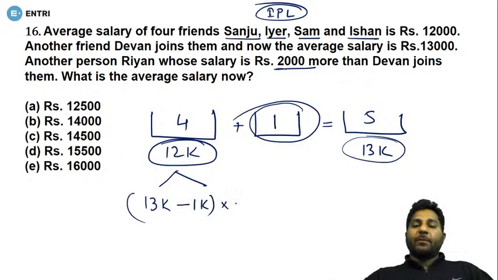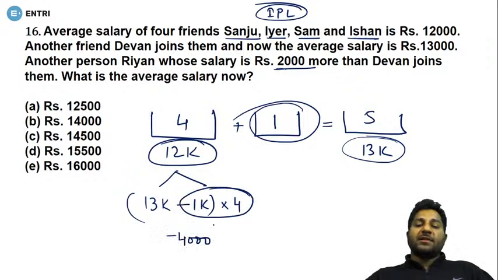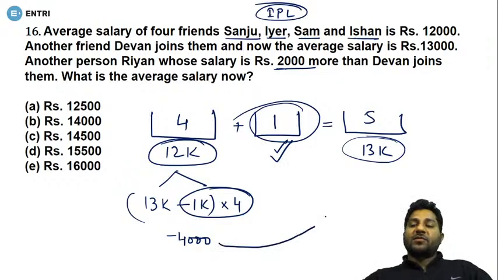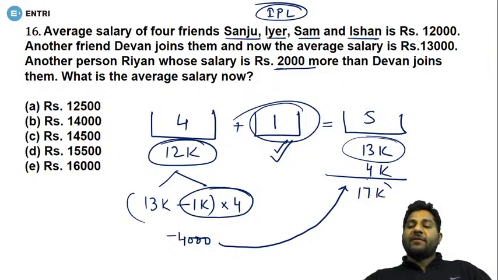If we multiply it by 4, then we know that 4,000 runs are less on the left side. We need to find only one person's run, so we add the 4,000 straight to the total value. That makes 17,000.